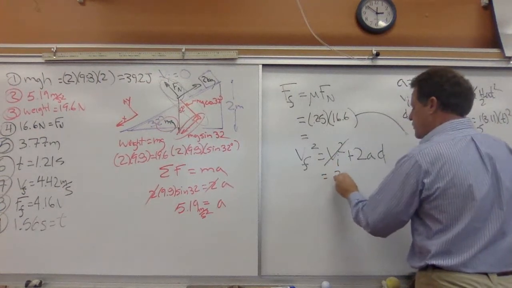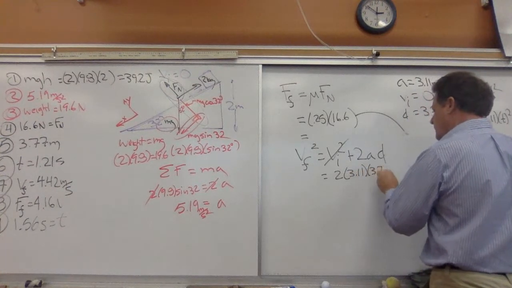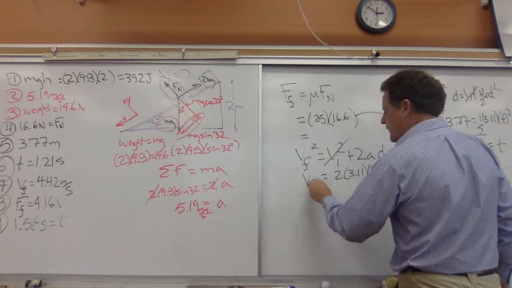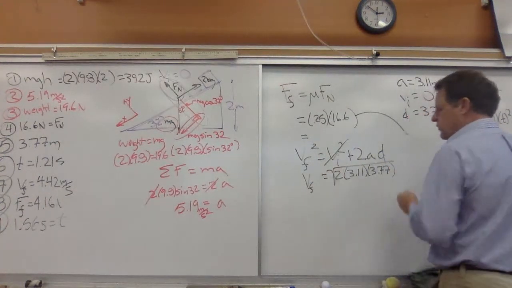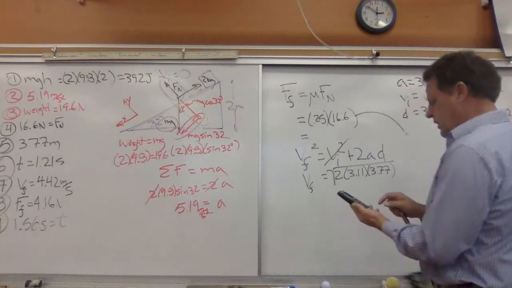This initial velocity is 0. So we could say 2 times 3.11 times 3.77, and that is v final squared. So if we take the square root, we can get that.